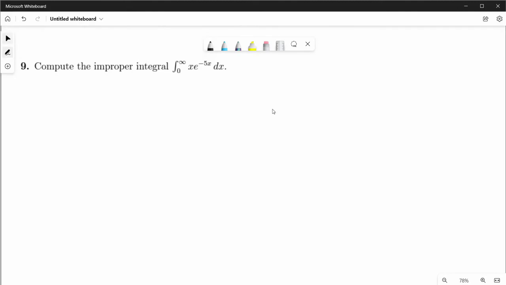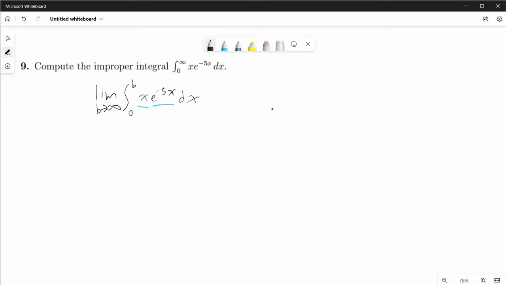For number 9, this is an improper integral, so I'm going to start off by running the limit of an extra variable b here, approaching infinity, and I will have 0 and b as the limits of integration then. But looking inside the integral, I would probably use integration by parts since there's x and an exponential form.